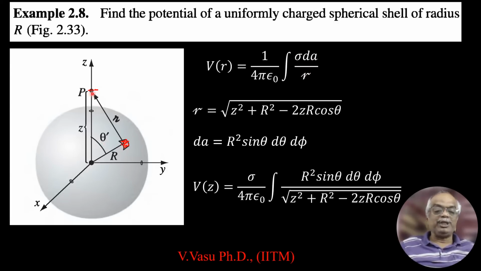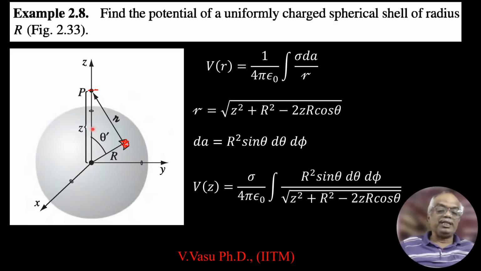Script r can be calculated using the cosine law. What does the cosine law say? The angle enclosed by this script r is this theta. Here it is given as theta prime, but we will take it as theta for convenience.